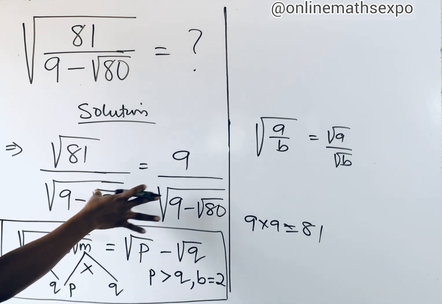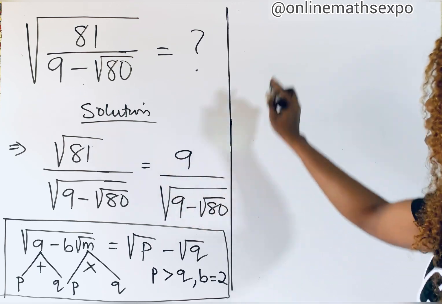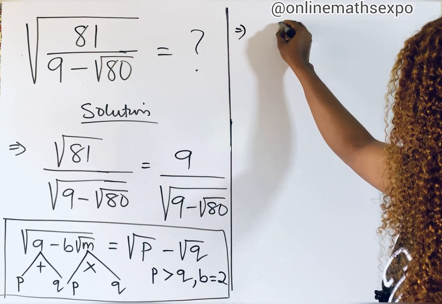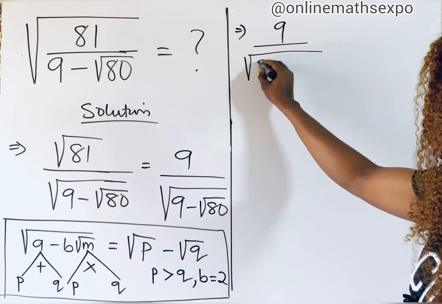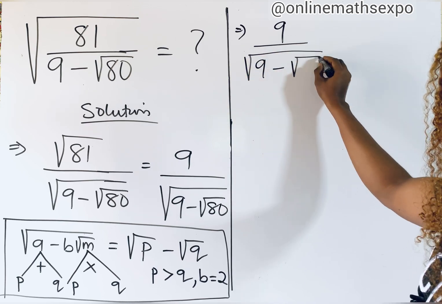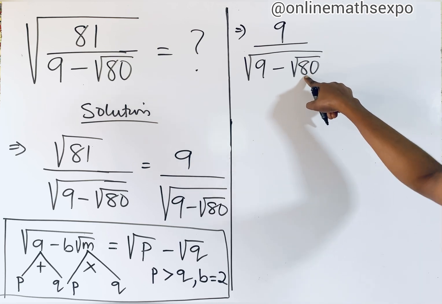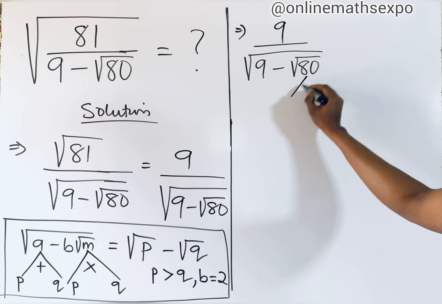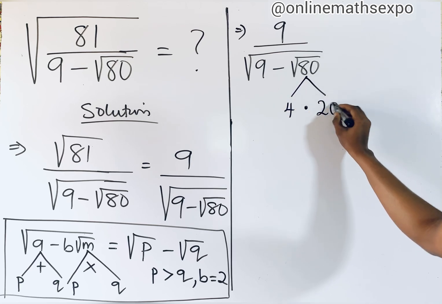Now, applying this to simplify, we rewrite this as 9 divided by square root of 9 minus root of 80, okay? Now, this root 80, you know too well that 80 is the same as 4 multiplied by 20.